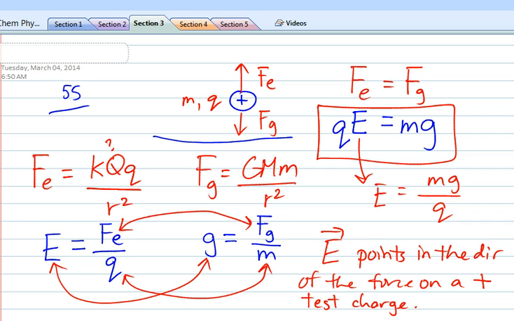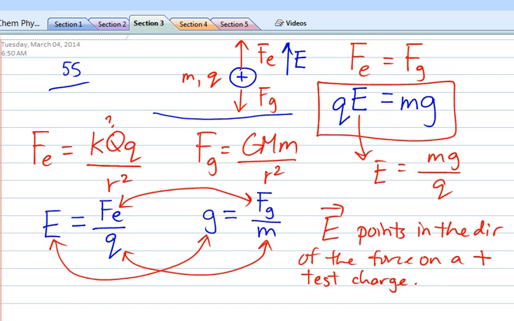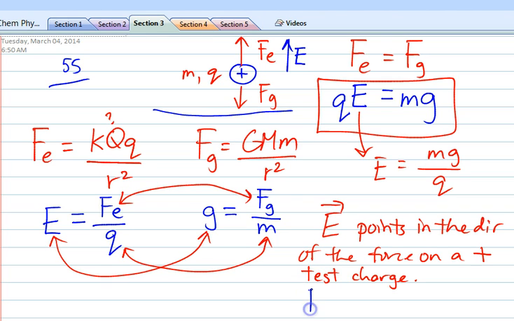So if I have a positive charge here, the electric field is pointing up because it points in the same direction as the force. Another way to look at this is that F is equal to qE. If q is positive, then F and E have to point the same way. It's kind of like saying F equals ma. A and F point the same way because m is always positive.